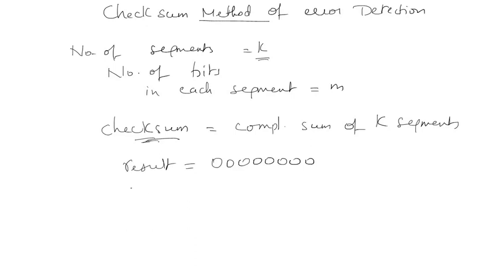Other than zeros, if there is at least a single one or more ones, then we can say that the transmitted data has errors and it is to be retransmitted or corrected by using error correcting codes.